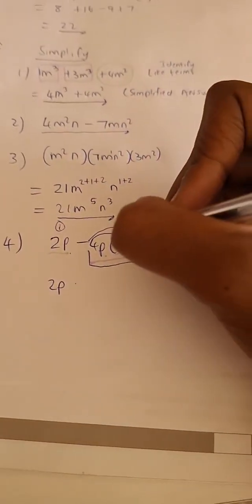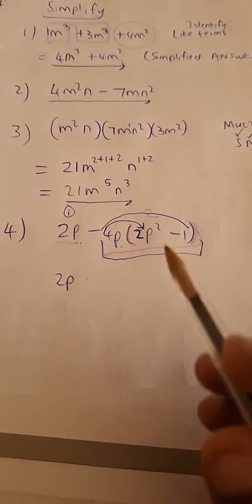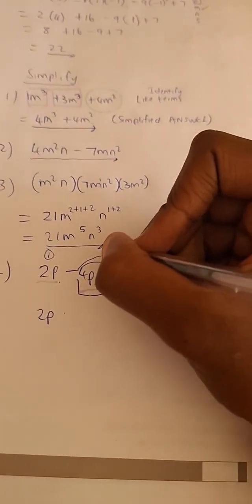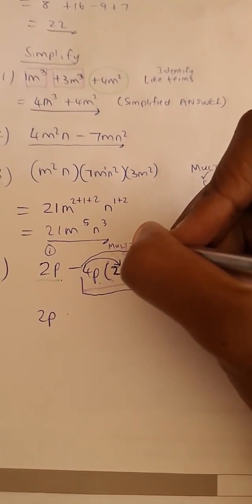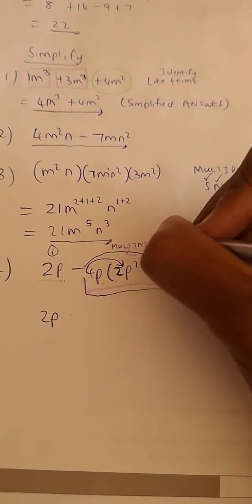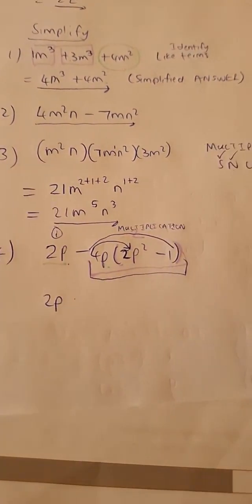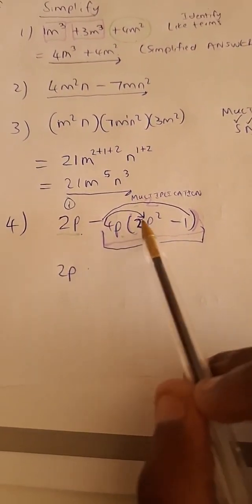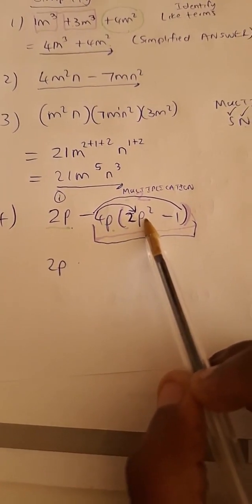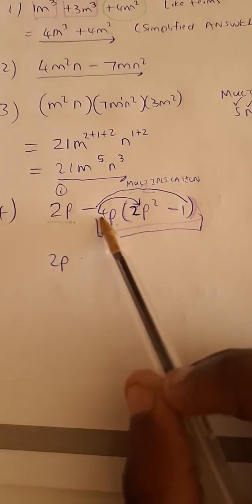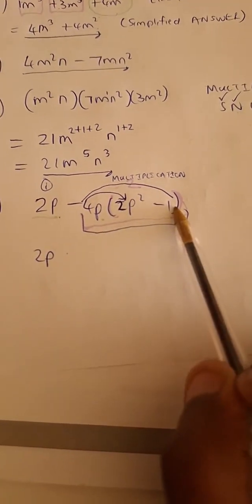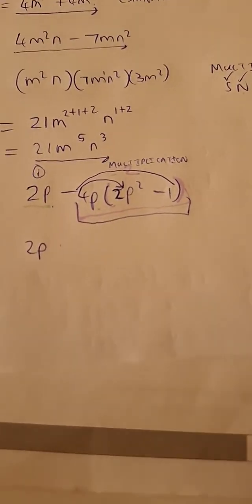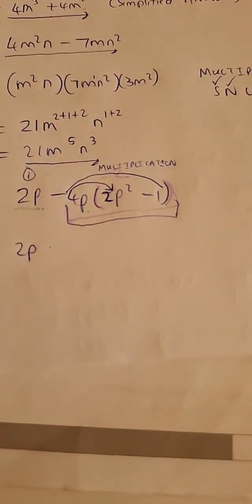You distribute the negative 4p to the 2p squared by multiplication. Why multiplication? Because brackets mean multiply. So you take negative 4p and distribute it to 2p squared. Then take negative 4p and distribute it to negative 1, so as to remove the bracket and simplify.